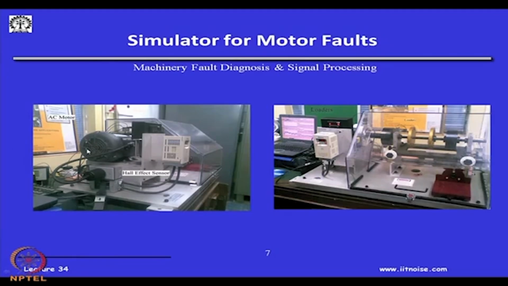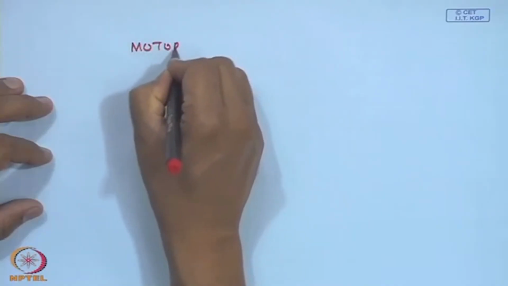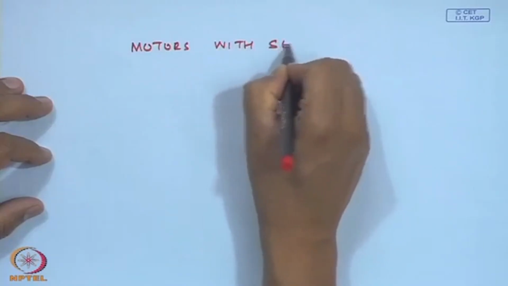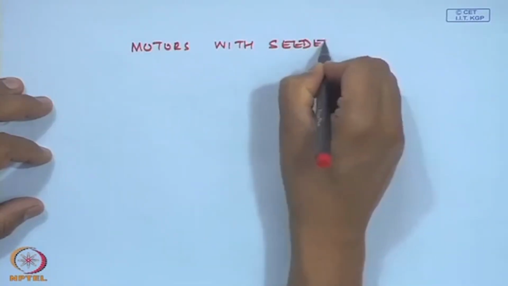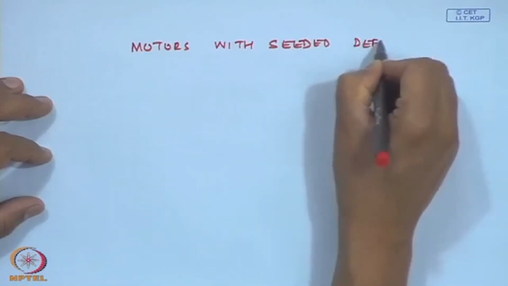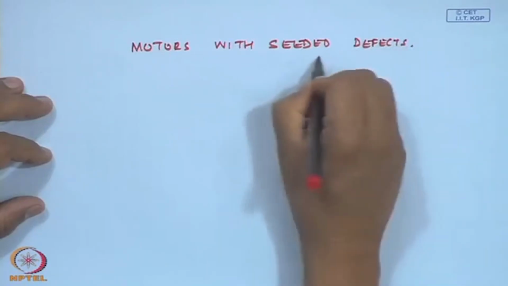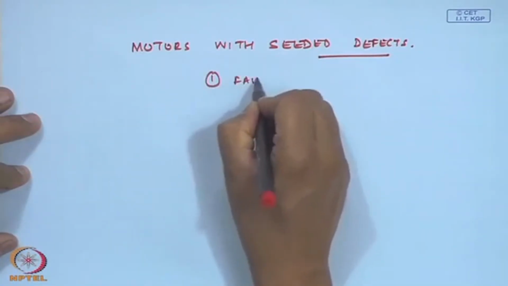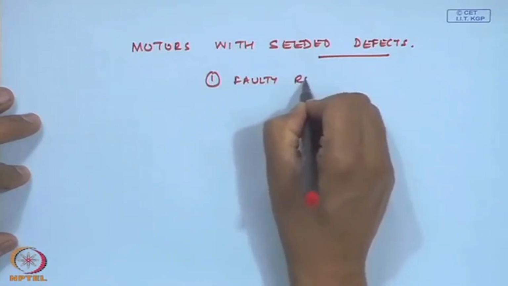So, we have motors with seeded defects. By seeded defects I mean there could be faulty rotors.